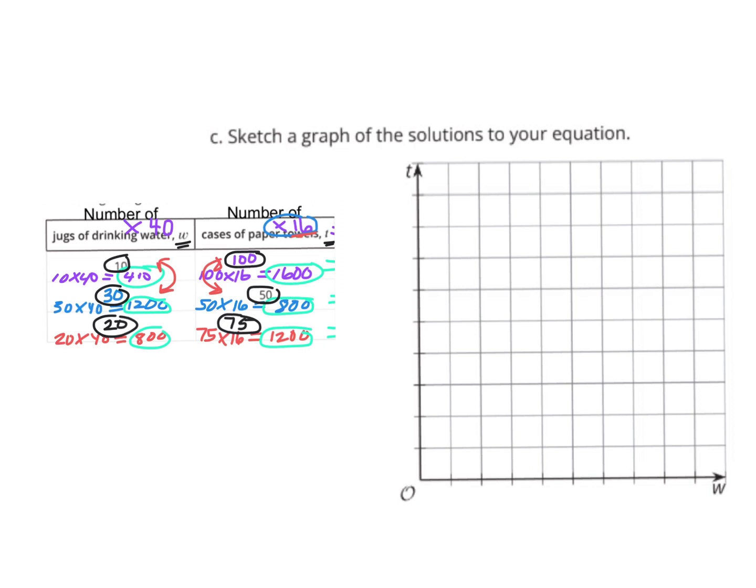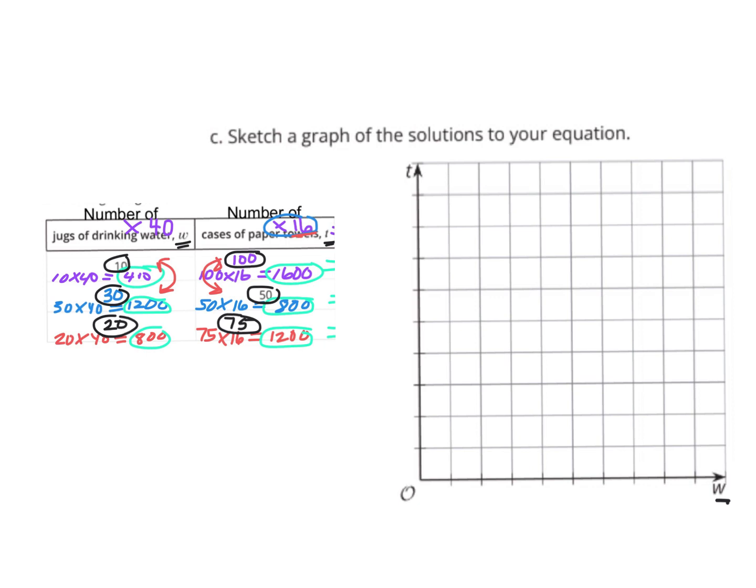So next it says to graph the solutions to our equations. So we're going to put this data, these ordered pairs, onto our graph. Okay, so our W value, right here it says W. Okay, so our W values go down here.